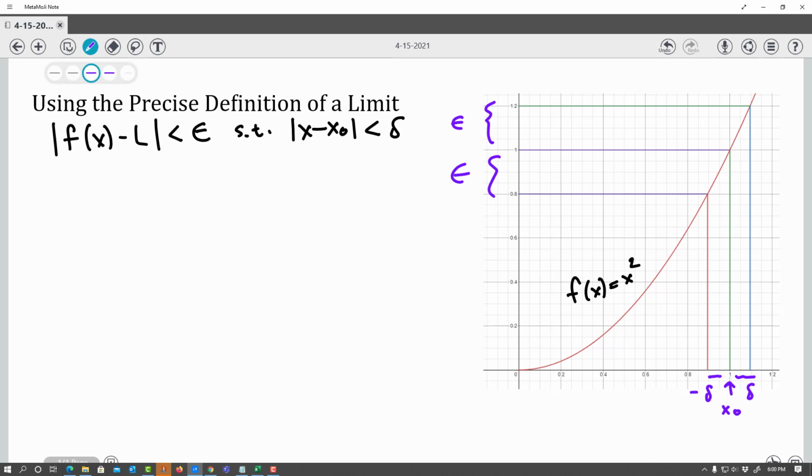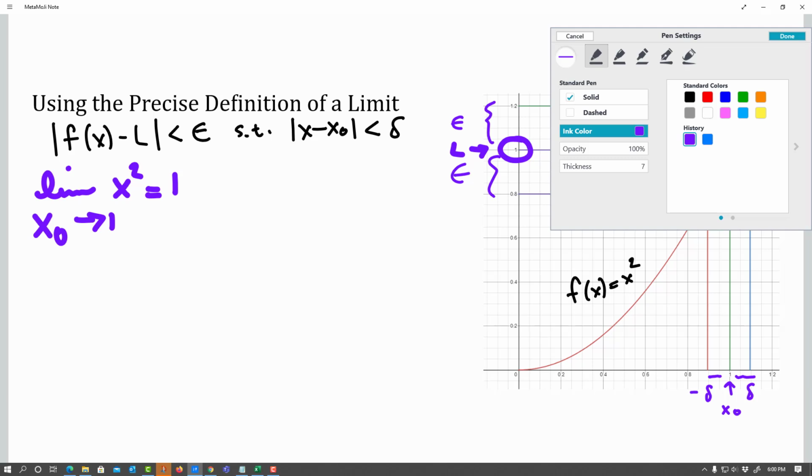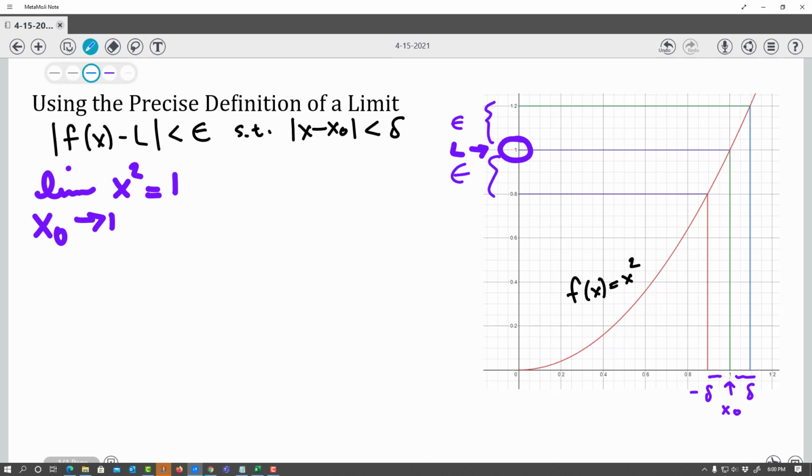So looking at, well, just flat out the limit of x squared as x sub naught approaches 1, well, we can see that limit, and that's this value right here, is 1. All right, so using this definition, I'm just going to start plugging things into this piece.